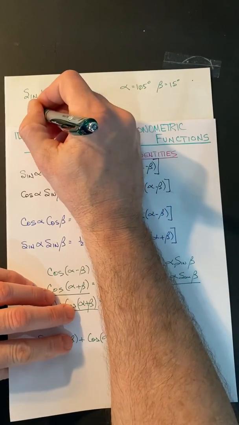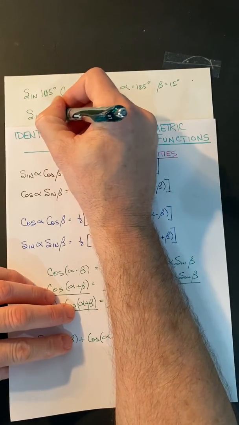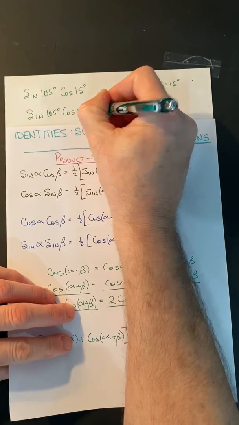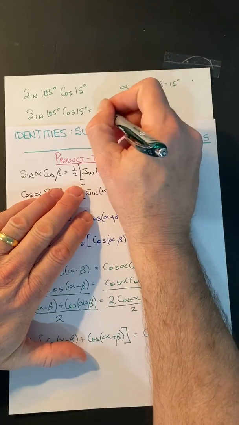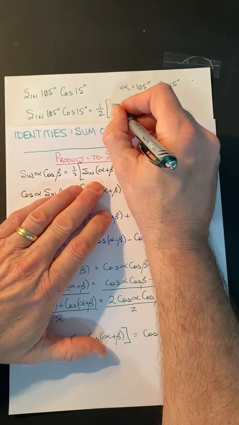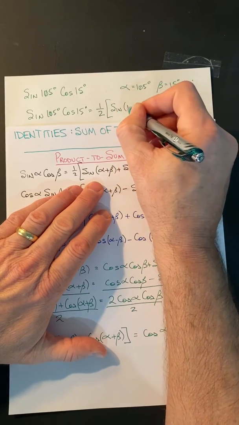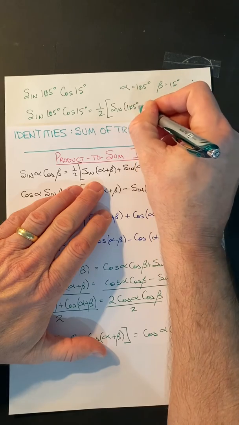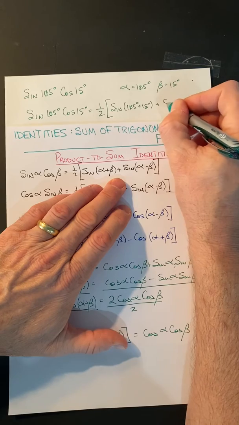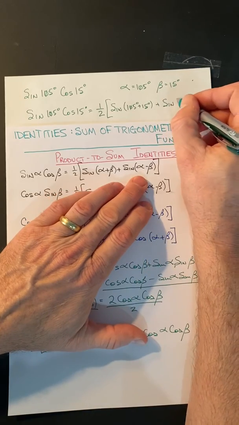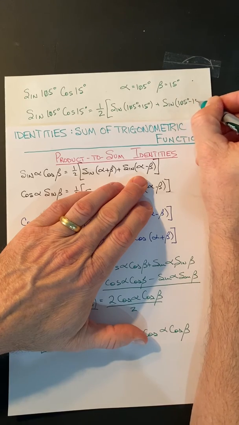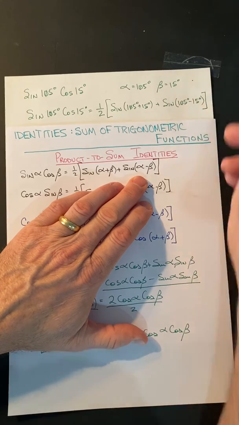So I'm going to have the sine of 105 times the cosine of 15 is going to be equal to 1/2 the sine of alpha plus beta, all right, so 105 degrees plus 15 degrees, plus the sine of alpha minus beta, 105 degrees minus 15 degrees.